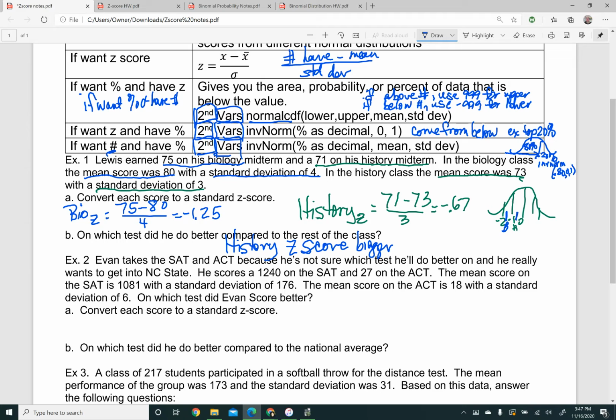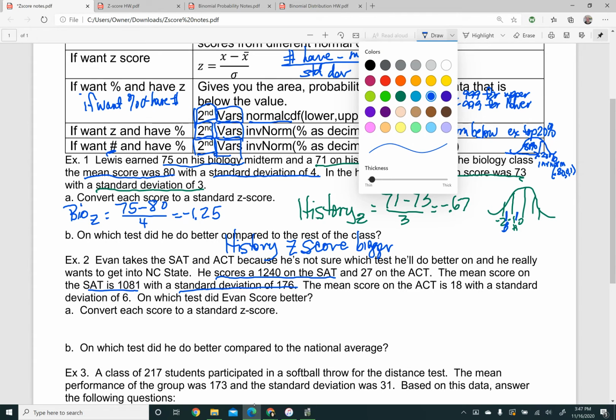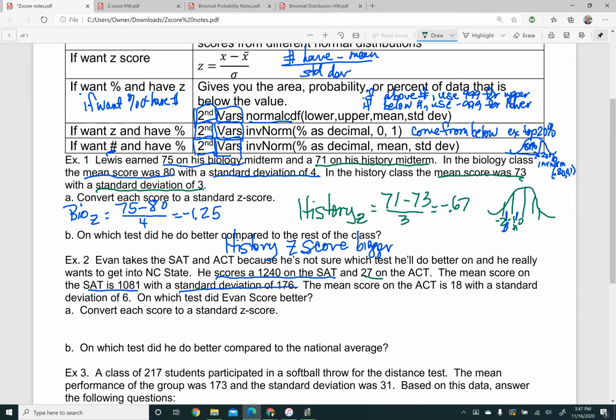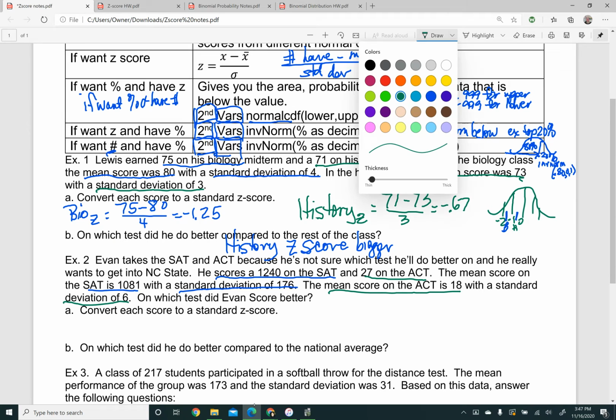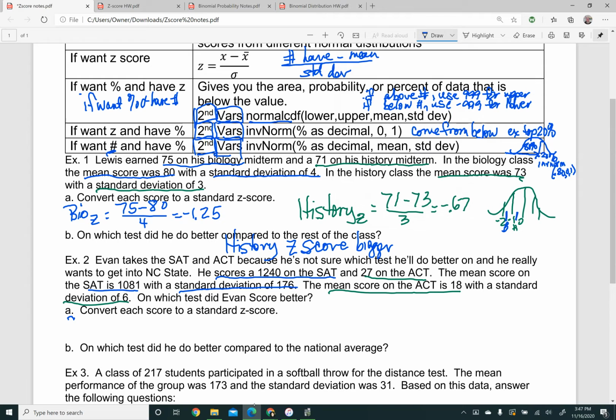So let's look at SATs and ACTs. The SAT scored 1240 with a mean of 1081 and a standard deviation of 176. And the ACT was a 27 with a mean of 18, standard deviation of 6. So let's find the Z's for these. We definitely can't compare these scores directly because they aren't even on the same scale.